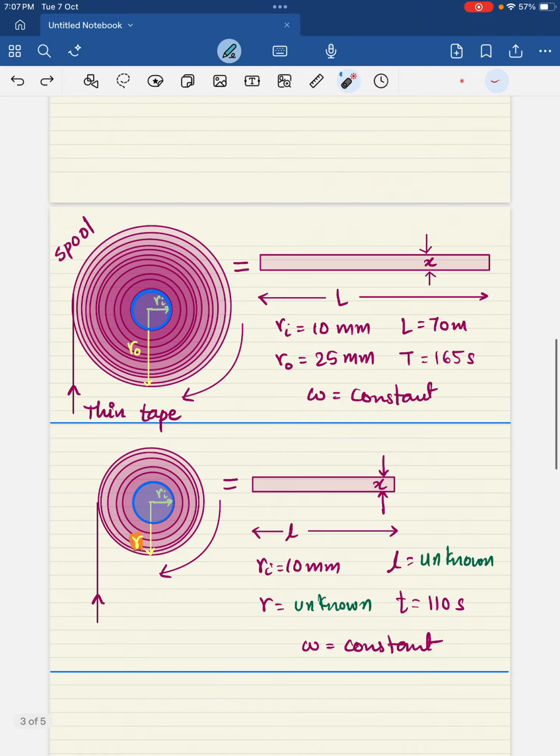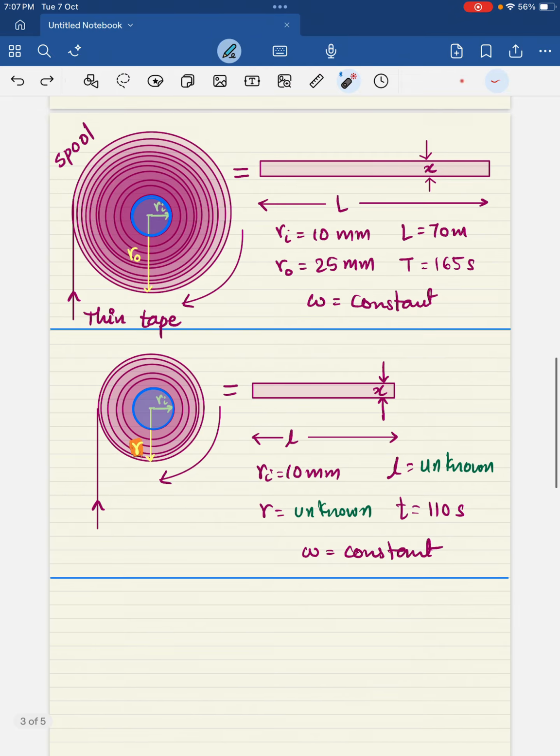Now, just to make you understand what this rectangle thing is, I have just considered that this is my thin tape, whose thickness is, let's say, x, and the length is L, that is the 70 meters. So if this tape was not wound and it was just straight tape, it would have gone to 70 meters.